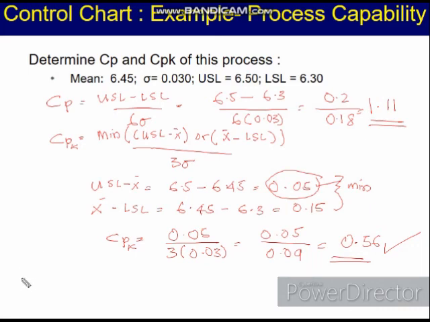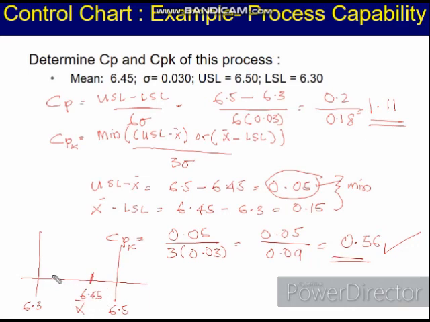We have a line here, and the lower spec limit is here at 6.3, and the upper spec limit is here at 6.5, and the center, x bar equal to 6.45, is skewed to this side somewhere here.